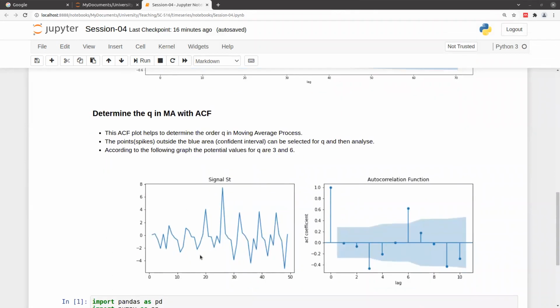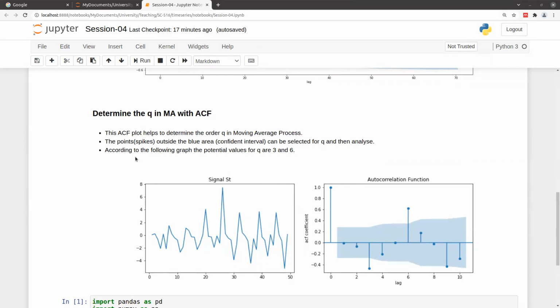For example, suppose this is the signal and we have an autocorrelation function like this. There are some spikes in the correlation values. Some spikes are inside this blue area and some spikes are outside of this blue area. This blue area is the confidence interval, suppose 95%.